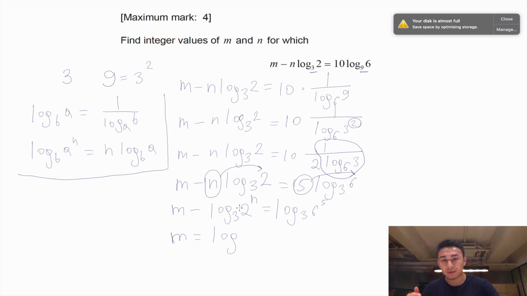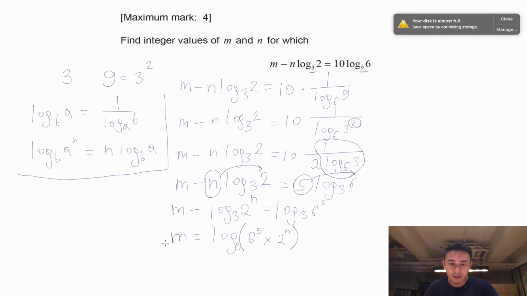Now we will use the addition rule of logarithms, which becomes the multiplication inside. So it will be log of 6 to the power of 5, and by the way the base is 3 here, multiplied by 2 to the power of n.